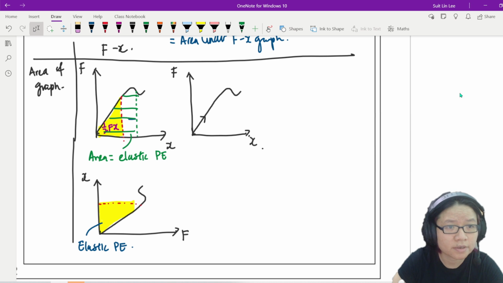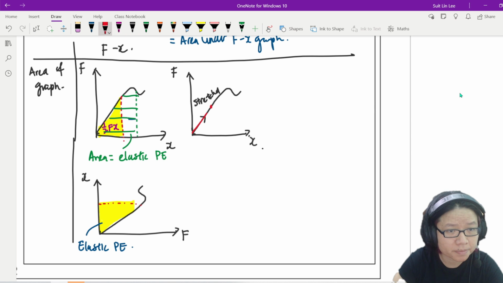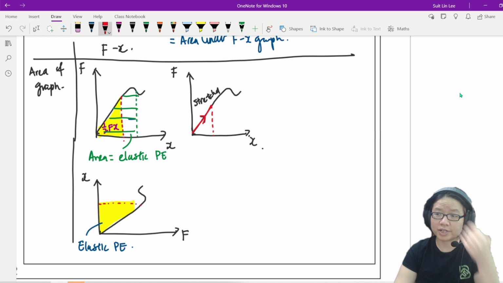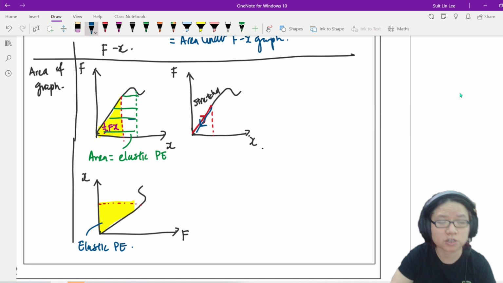And then this is called stretching, or stressing the material. So if you stretch the material until this point, and then you release the force, it will go back. This one is stress. And then this is when the force is removed.